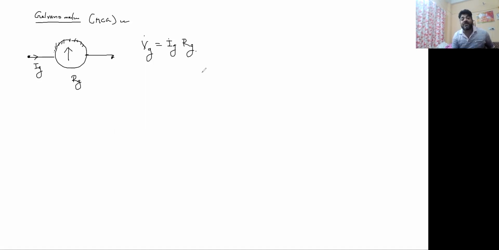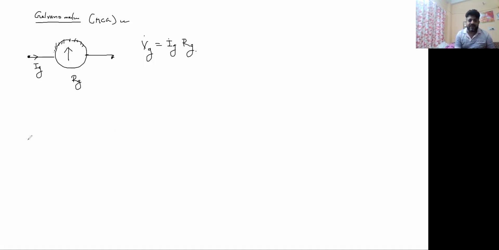So why is this galvanometer very important? Because this is a moving coil galvanometer. We can convert this moving coil galvanometer into an ammeter. We can convert this galvanometer into a voltmeter, and that is in your practical exam also.